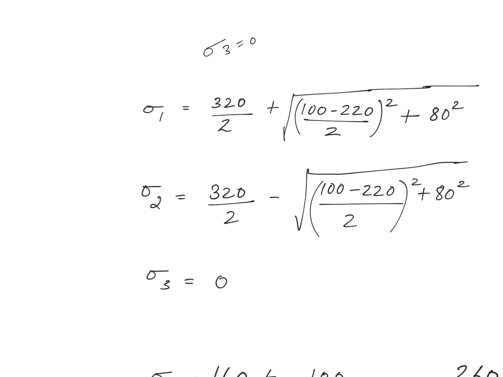I won't get into the details, but strictly speaking, principal stresses are the eigenvalues of your stress tensor. When you have a plane stress problem, your stress tensor or your stress matrix looks something like this. You have a lot of zeros there.